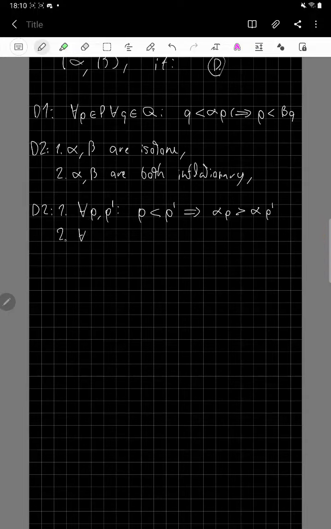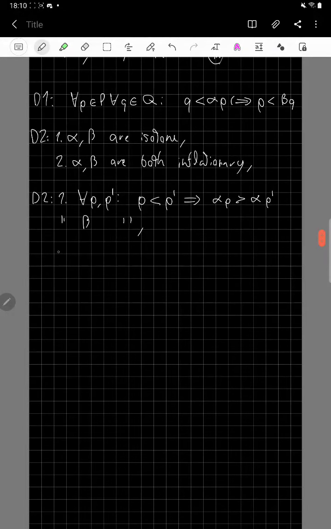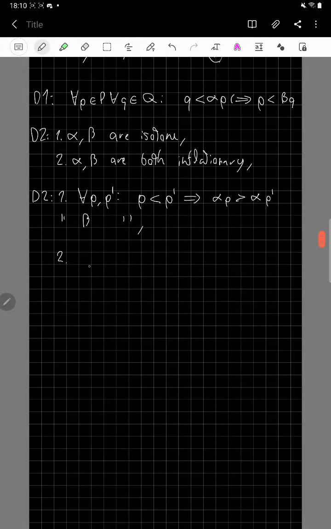This is going to be true for alpha, and we will say the same for beta. So alpha is isotone and beta is isotone as well. And then the second property, alpha will be inflationary.